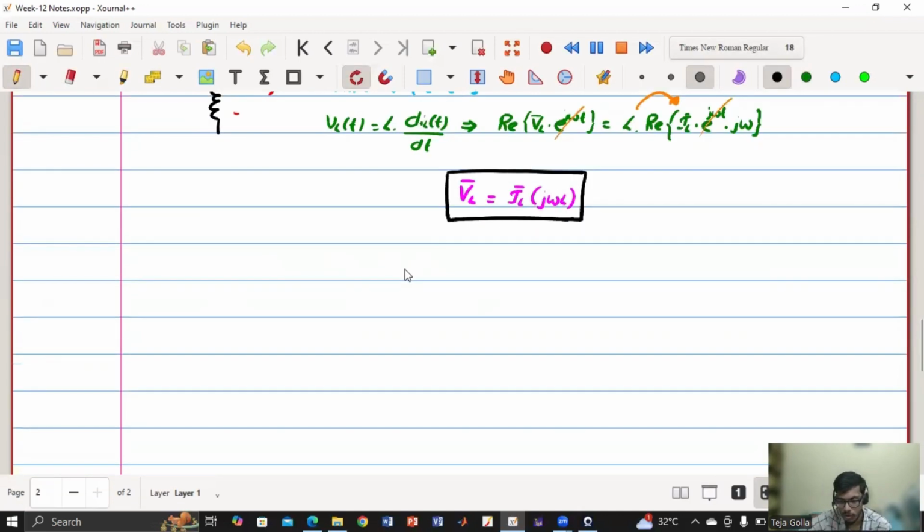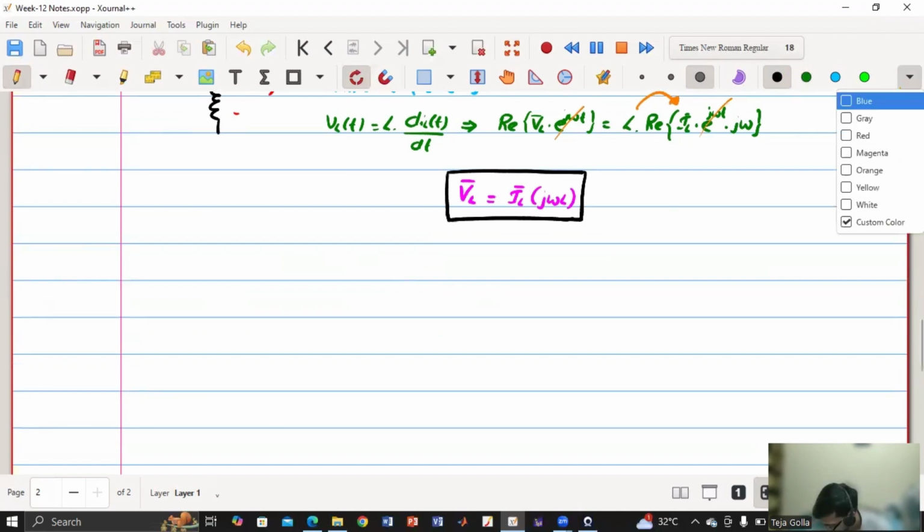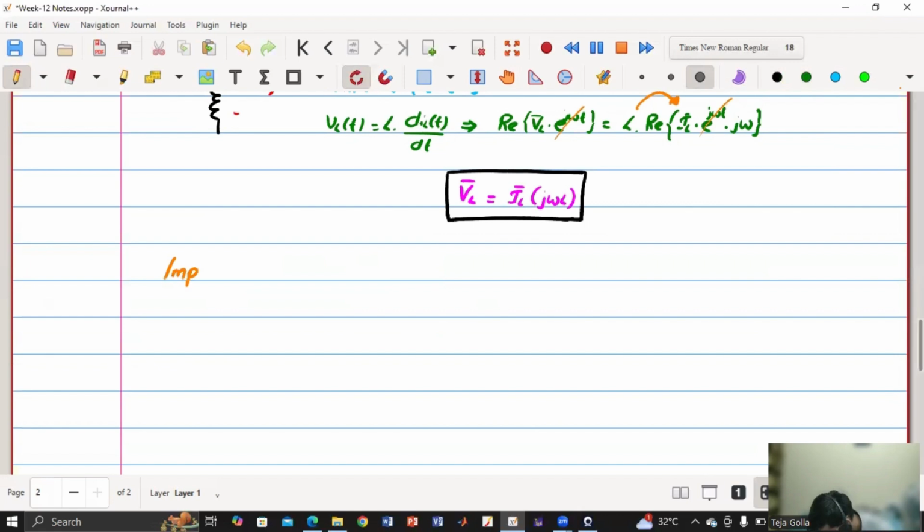Before we go into further details, I would like to emphasize something called impedance. Impedance is like a complex quantity of the resistance.